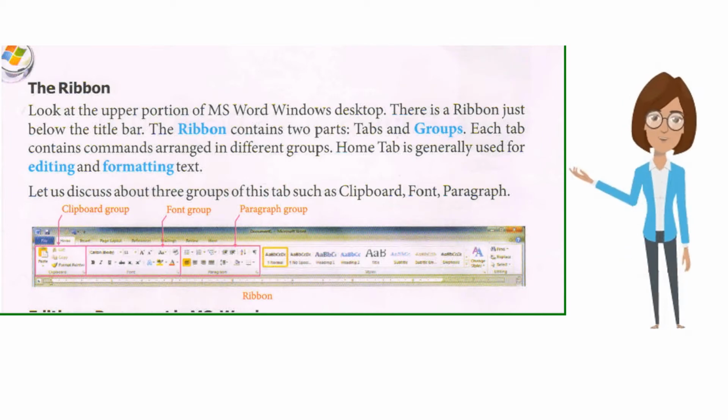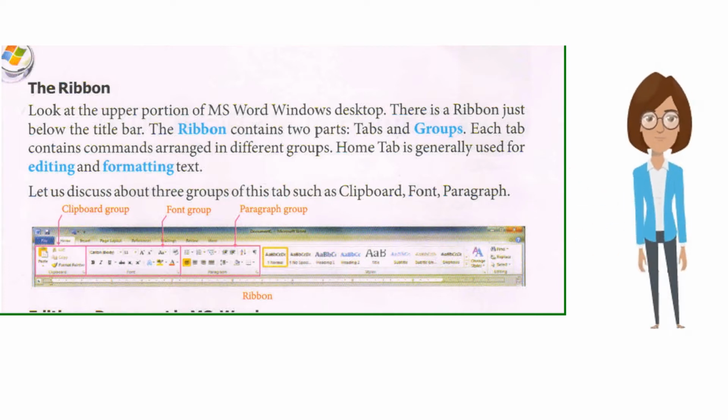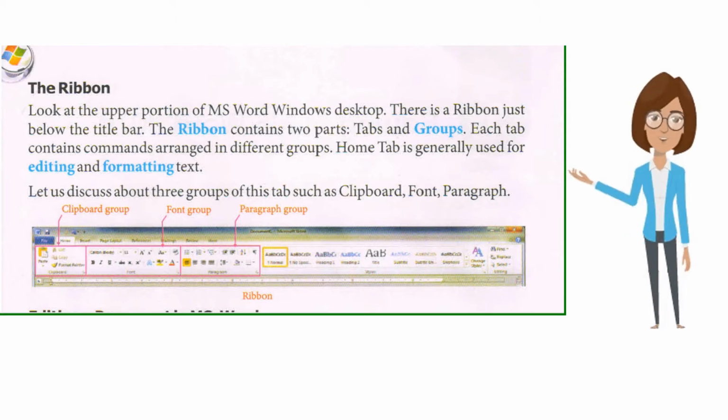The ribbon. Look at the upper portion of MS Word Windows desktop. There is a ribbon just below the title bar. The ribbon contains two parts, tabs and groups. Each tab contains commands arranged in different groups. Home tab is generally used for editing and formatting text.